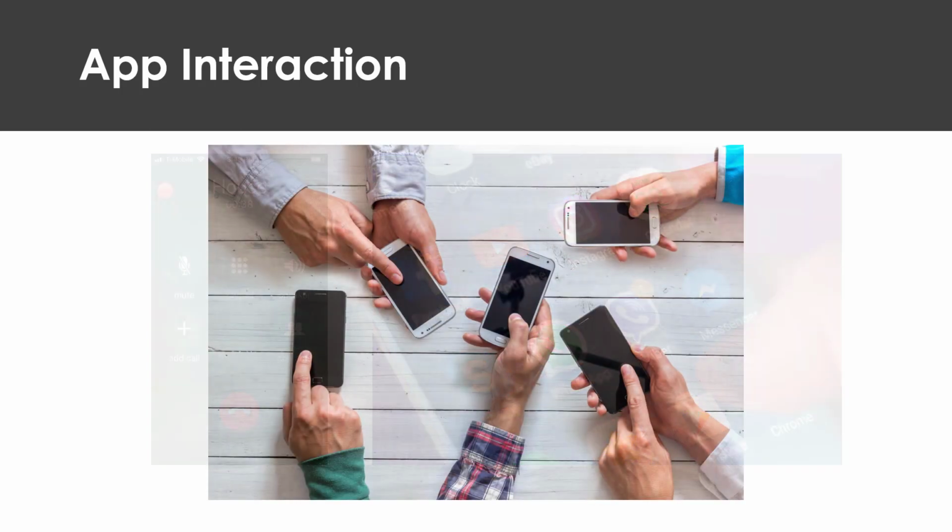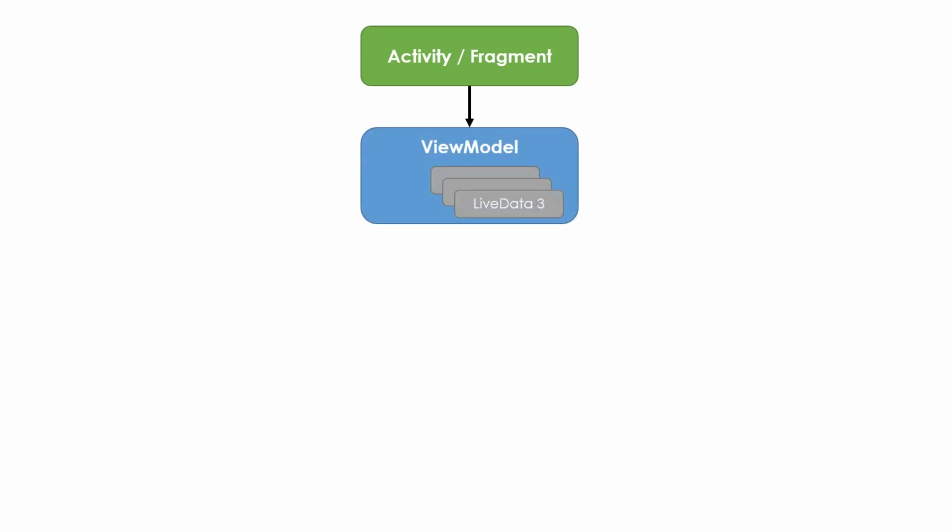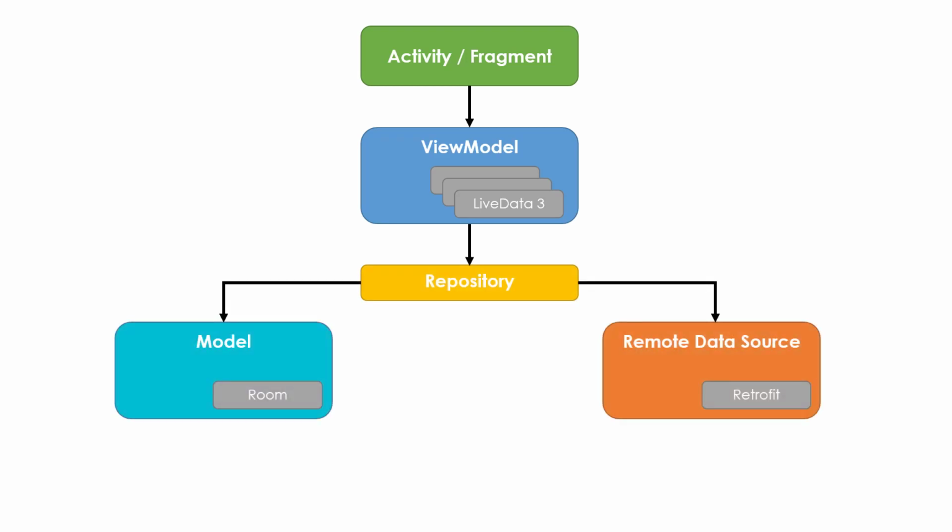This app hopping behavior is very common on mobile devices, so you must write your app so that it can handle these flows correctly. Consider this following diagram. When designing and organizing your app, activities and fragments should depend only on a view model. These repository modules handle data operations.